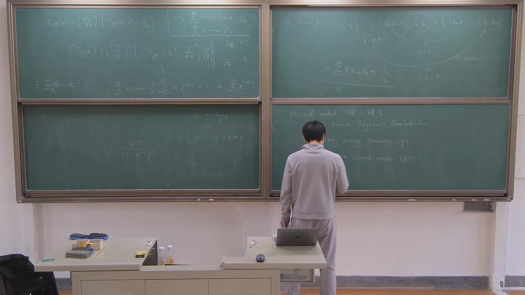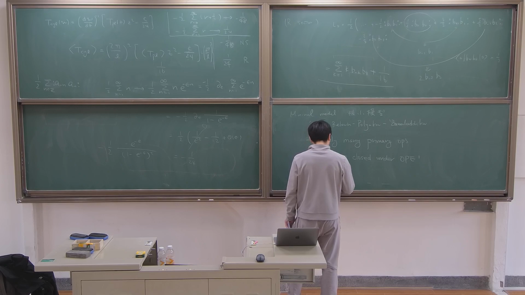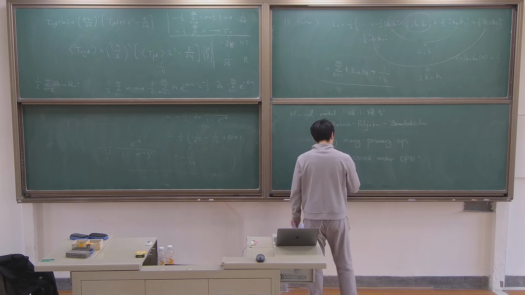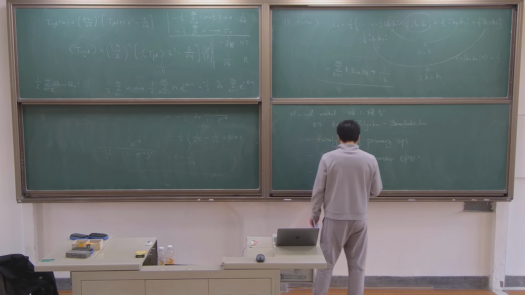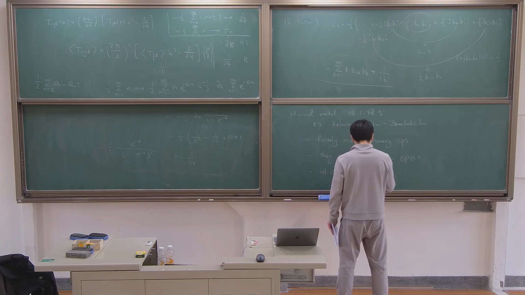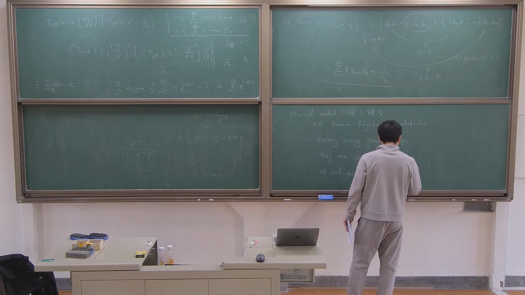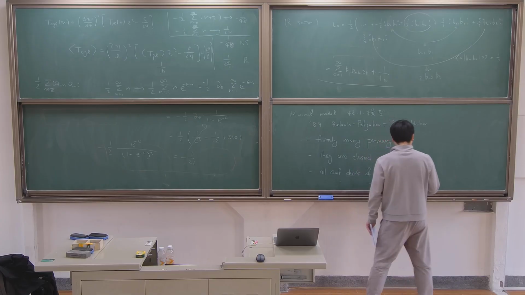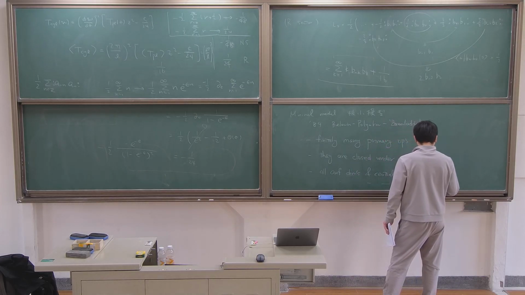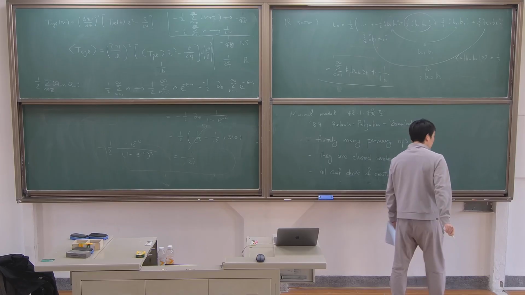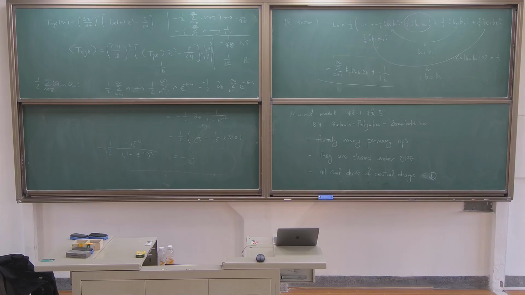All conformal weights, conformal dimensions, and the central charge are rational. That's important.